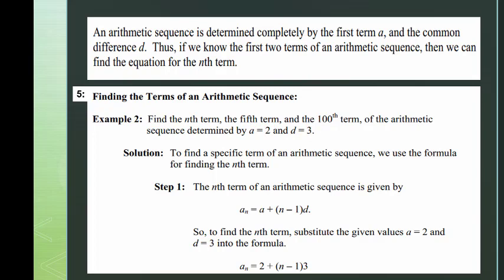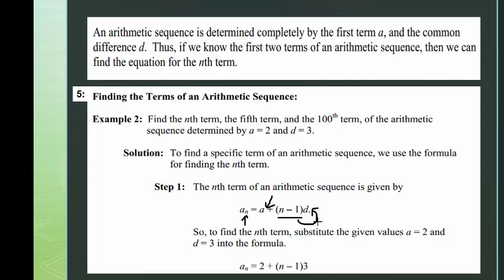So here, if we want to find the nth term, we can remember this formula for a_n. We begin here with the first term, a, and adding to it the order of your term minus 1 multiplied by the common difference, which is d.